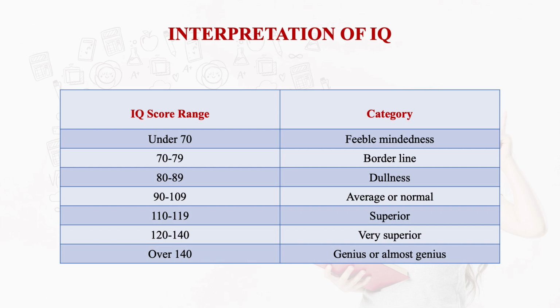If it is 110 to 119, it is superior. If it is 120 to 140, it is very superior. If it is over 140, then you can say that the child is a genius or almost genius. So friends, accordingly you can find out the IQ by administering an intelligence test, by determining the mental age as well as the chronological age.